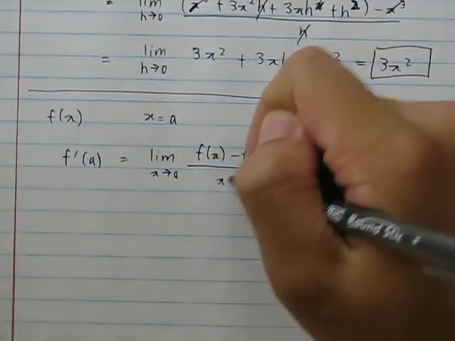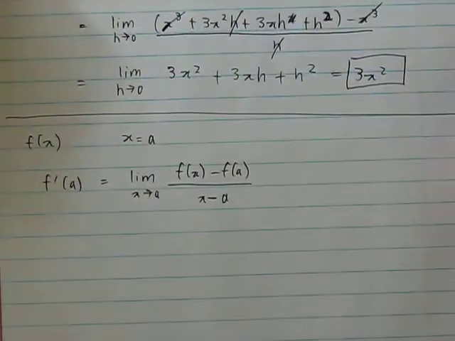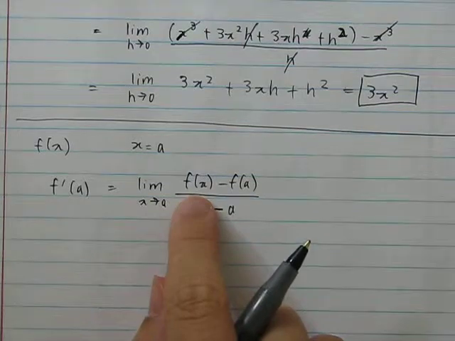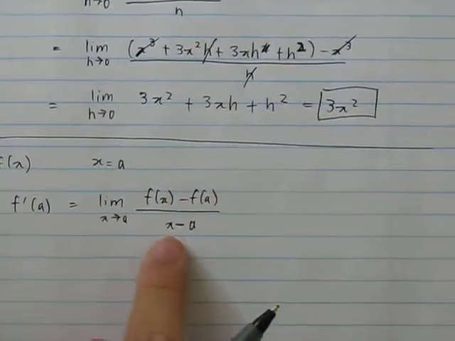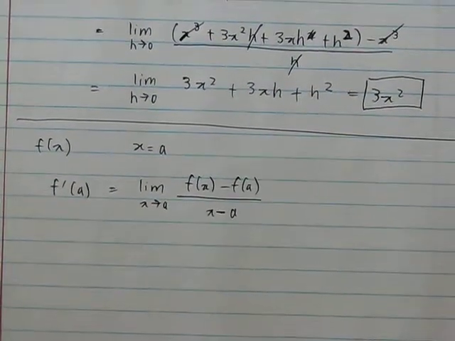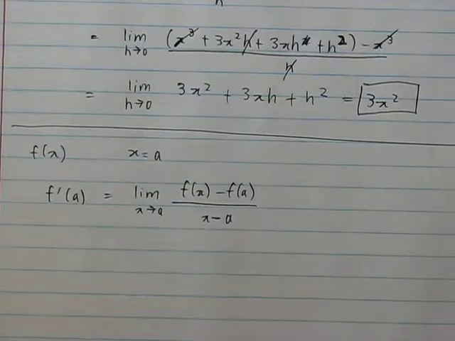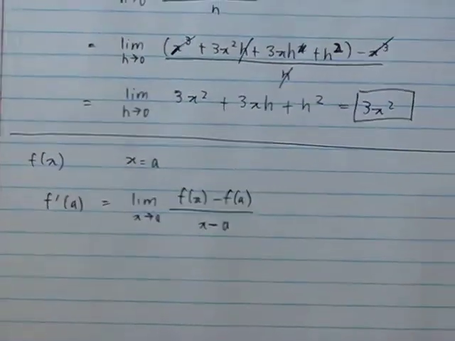And what you're looking at right here is basically exactly the same as this and as this, right? What you're doing is you're taking your new function and subtracting the original one, and you're also dividing by the displacement, which is the exact same thing as doing delta y over delta x, right?